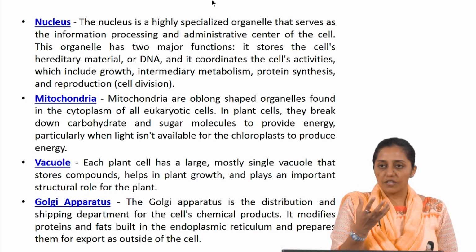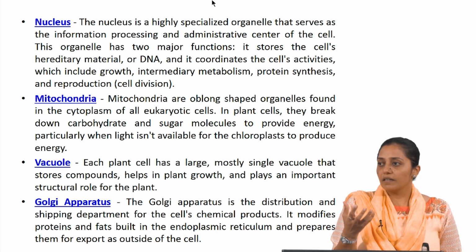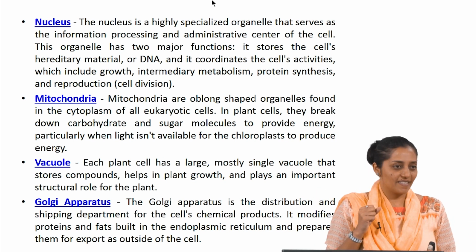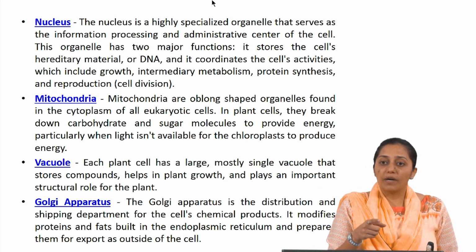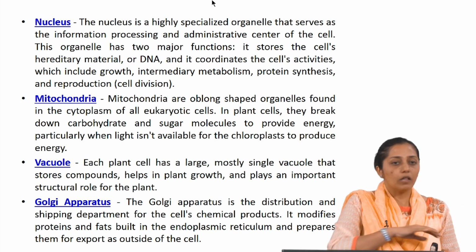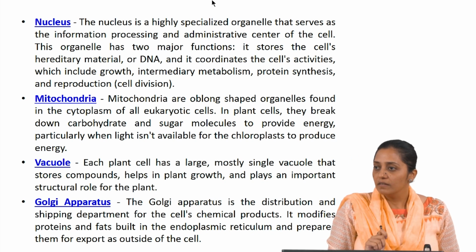So, turgor pressure: it causes the cell to maintain turgor, and the vacuole when extended will prevent plasmolysis. The other added advantage is, if there is good turgor pressure, then all the cell organelles will be extended and pushed towards the cell membrane.